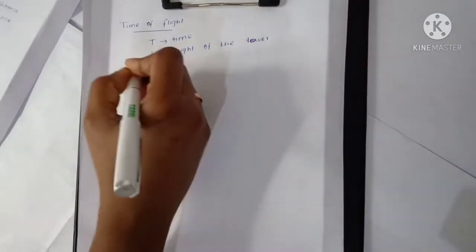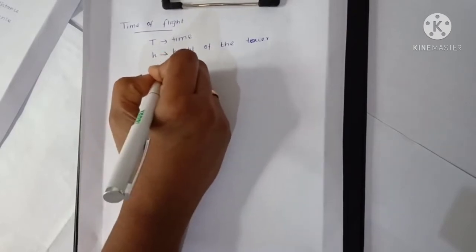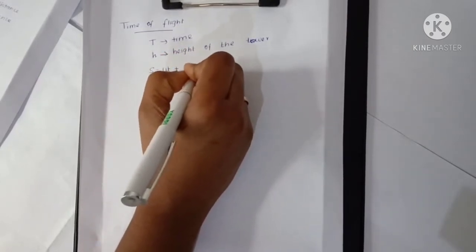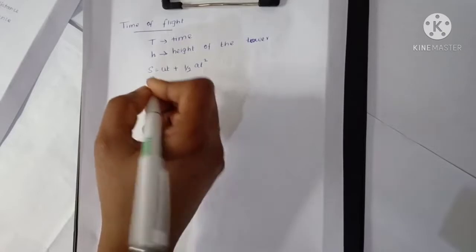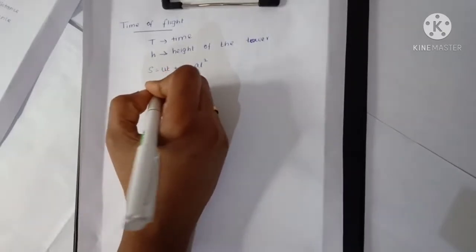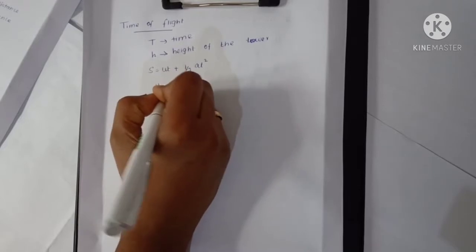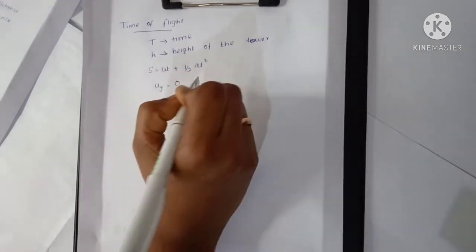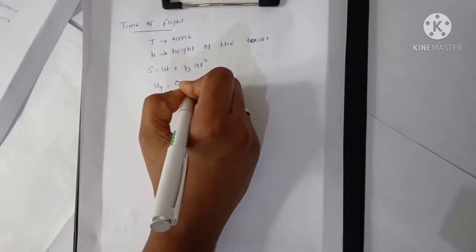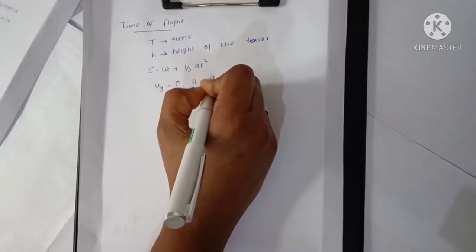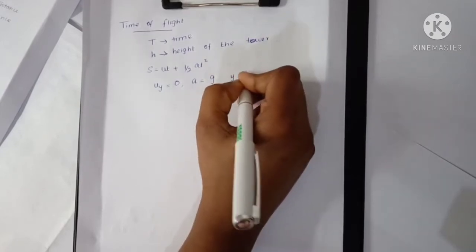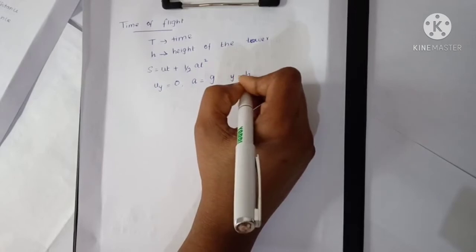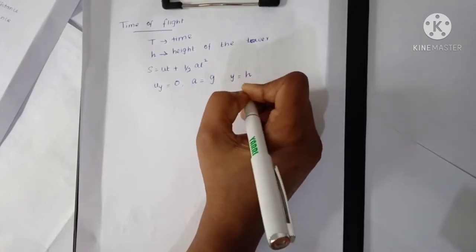We know the second kinematic equation S is equal to ut plus 1 by 2 at square. Along the y-axis the initial velocity is 0, so uy is equal to 0, and the projectile moves due to gravity, so acceleration a is equal to g. The displacement S is y, and we can take this as h, the height of the tower.